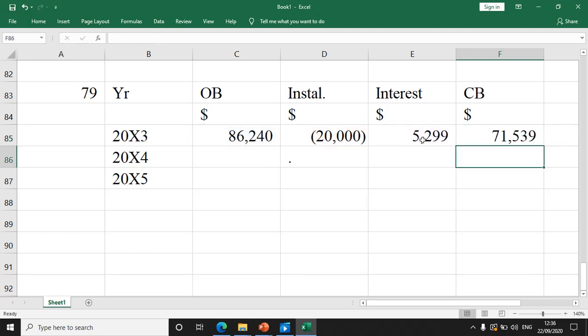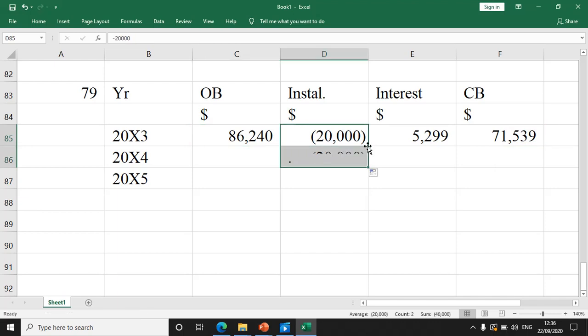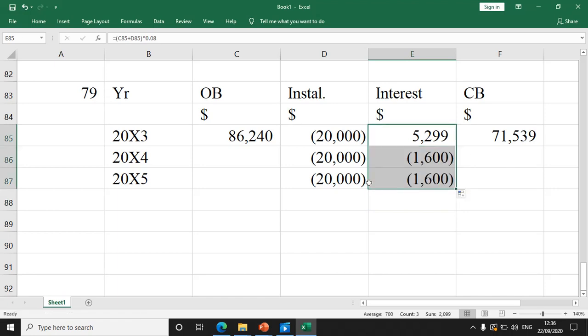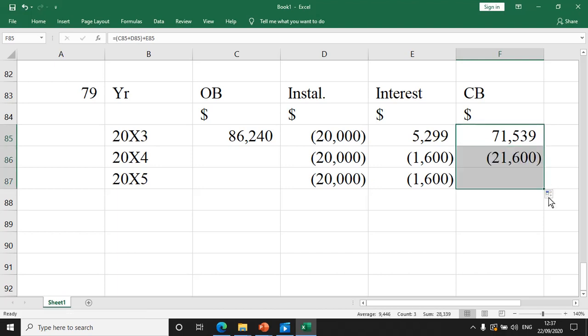So that's what you have there. Okay, so all we need to do right now is to replicate some of these numbers. Throughout we are paying the same amount. Let's drag down the formula. Let's also drag down the formula here.